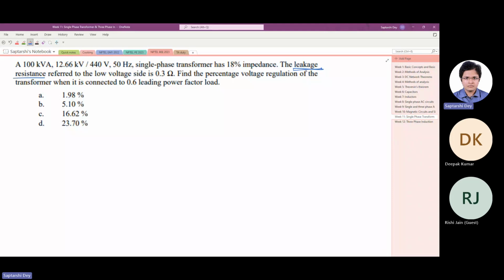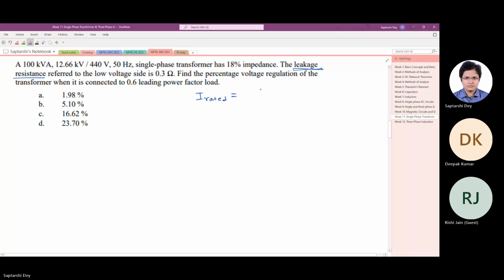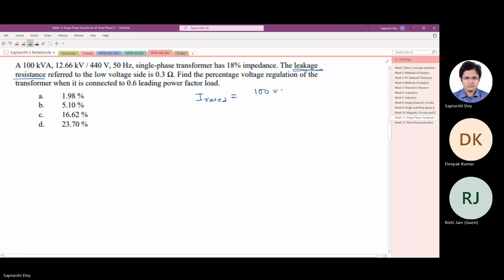Now the impedance is given in percentage. How is that possible? Any idea, Deepak? No, sir.